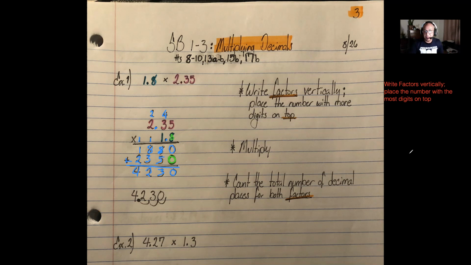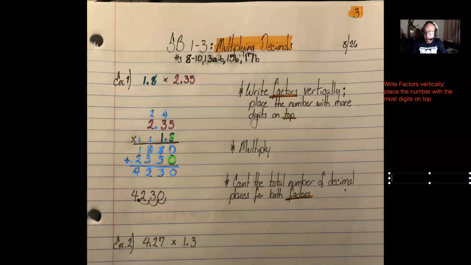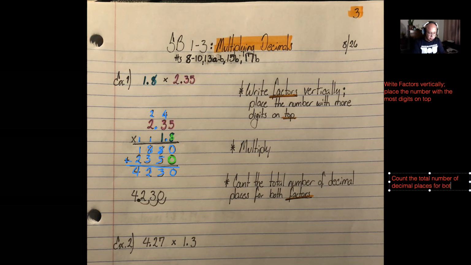Our final step is down here: count the total number of decimal places for both factors. What does that mean, Mr. Lugo? What does it mean to count the total number of decimal places for both factors? Well, how many numbers are behind the decimal?